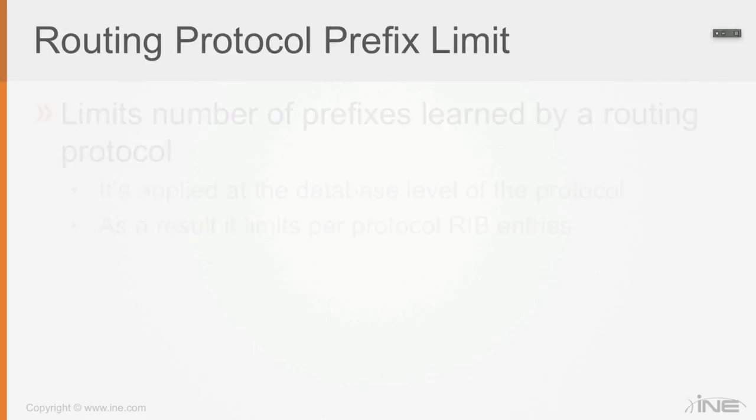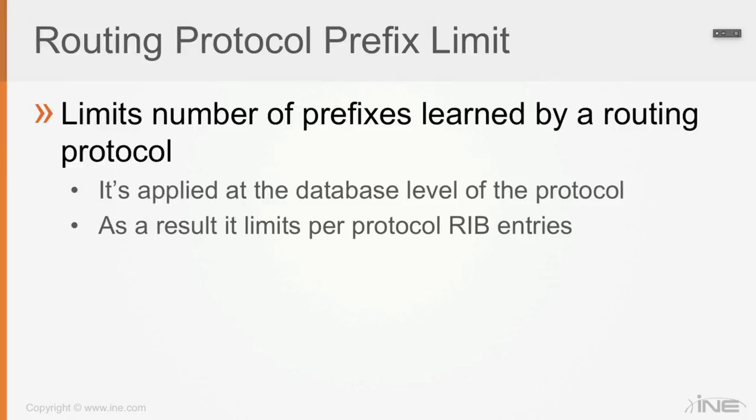Now, the routing protocol prefix limit, as the name states, limits the number of prefixes learned by that routing protocol. It's applied at the database level of the protocol, and as a result, it limits per protocol RIB entries. What is the scope of this feature?